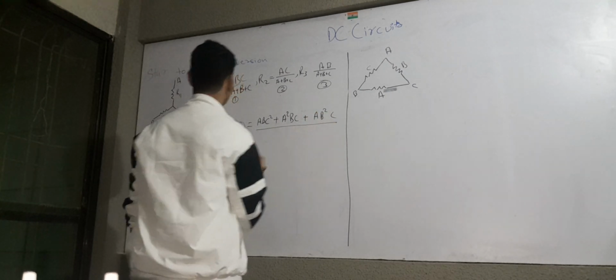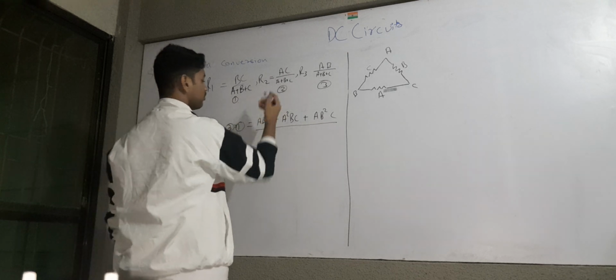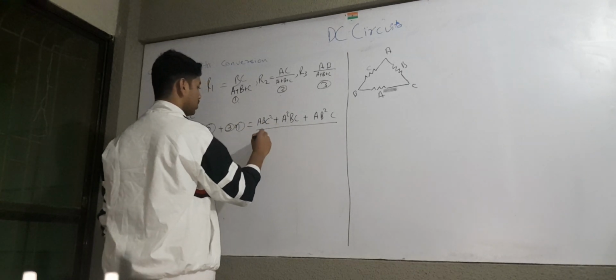Now everyone has a common denominator, which is just the square of a plus b plus c.